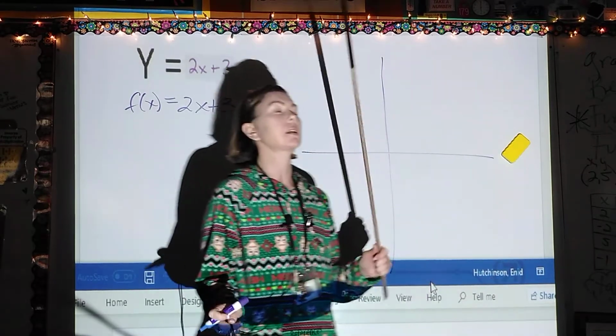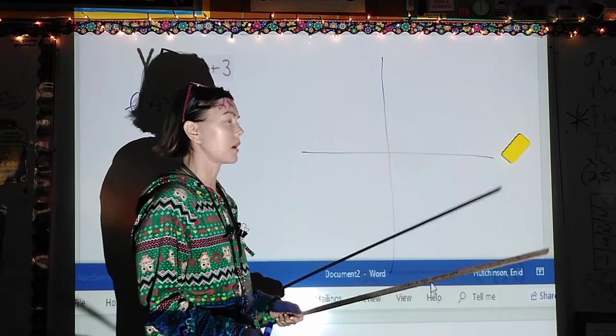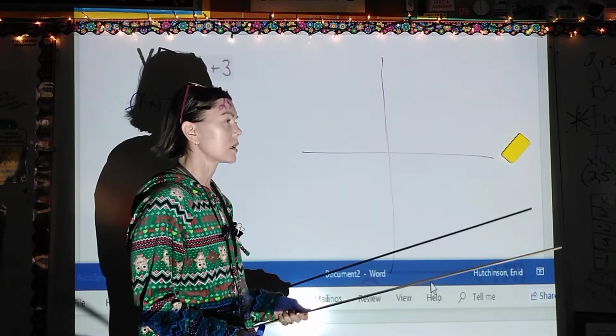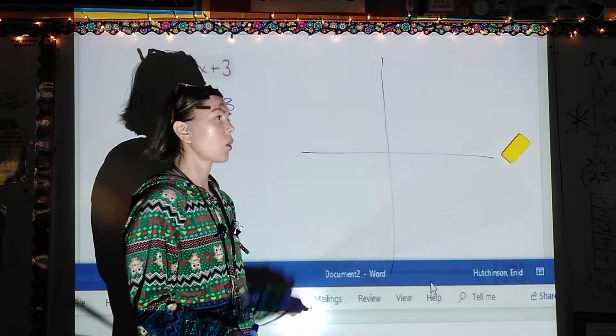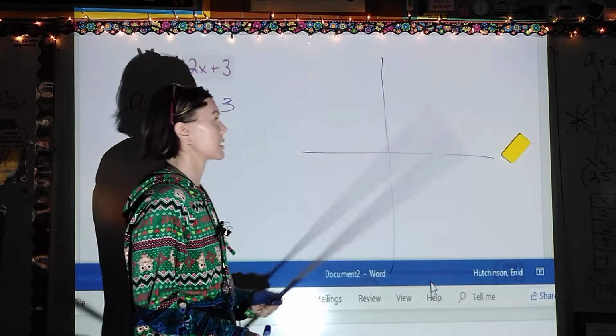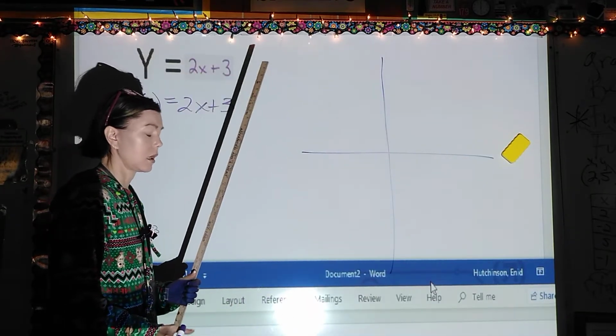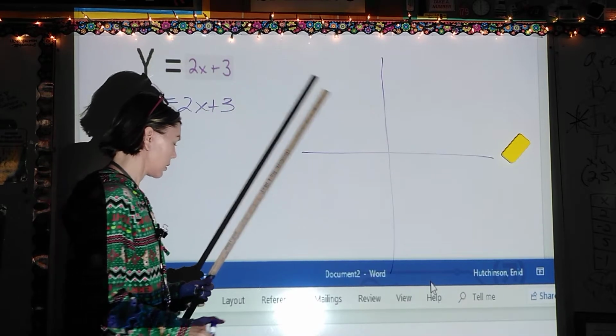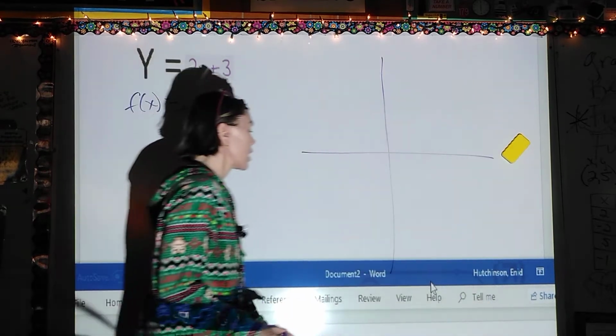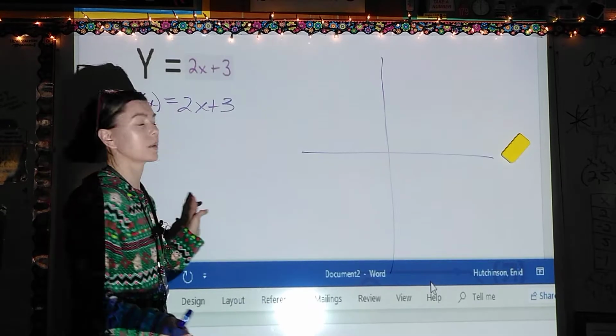I'm going to call them linear functions, because linear equations and linear functions, the equation of a line, is exactly the same thing as linear functions, okay?